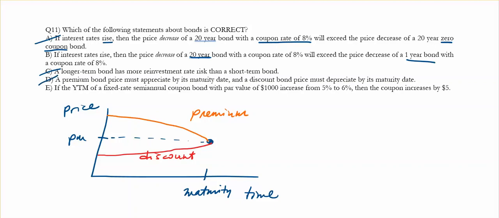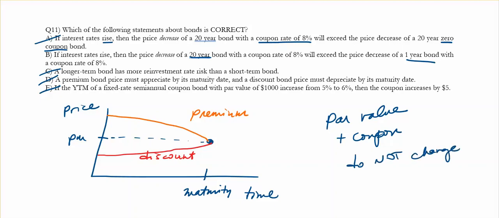E, if the yield to maturity of a fixed rate semi-annual coupon bond with a par value of $1,000 increases from 5 to 6%, the coupon rate increased by 5%. That is wrong. Remember that the par value and the coupon do not change.